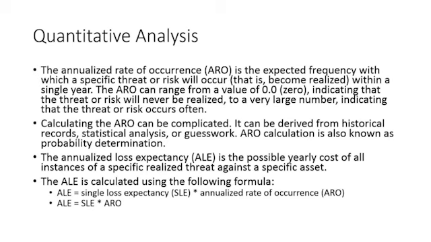So if you're looking at probabilities, you may think of annualized rate of occurrence. Now, another one you need to remember, another acronym, ALE, annualized loss expectancy. So again, annualized, meaning we're talking about the whole year. So to get our ALE, we need to see what our SLE is, right?